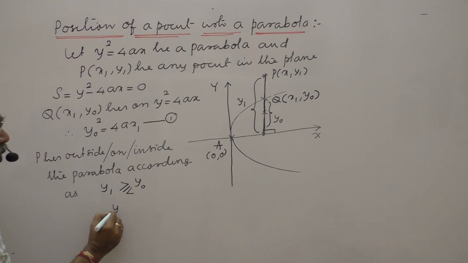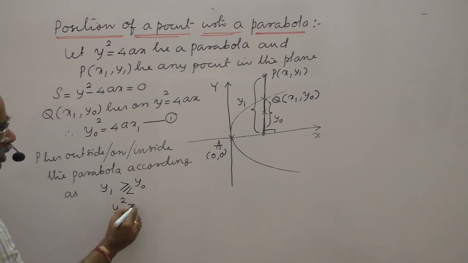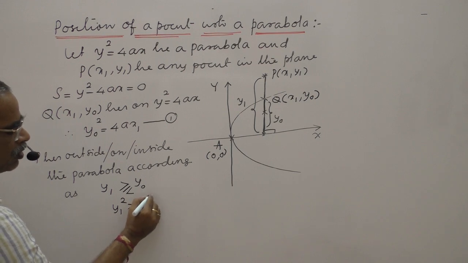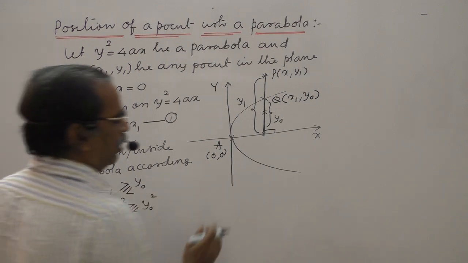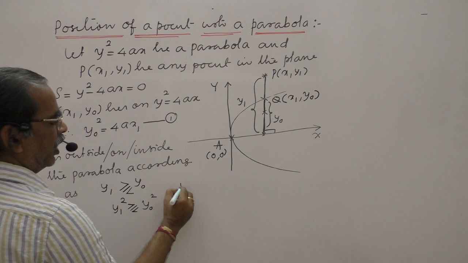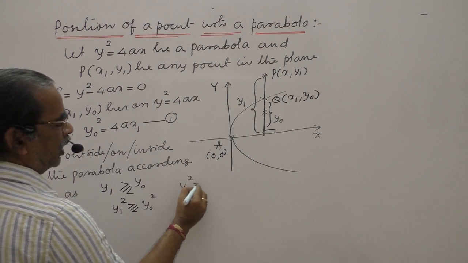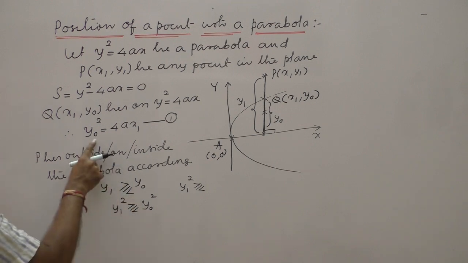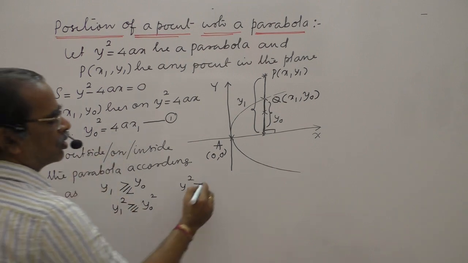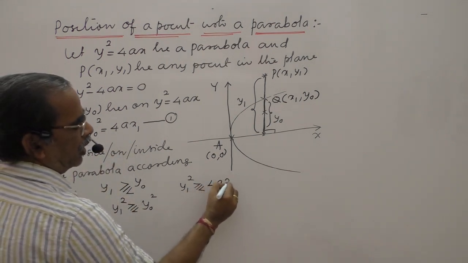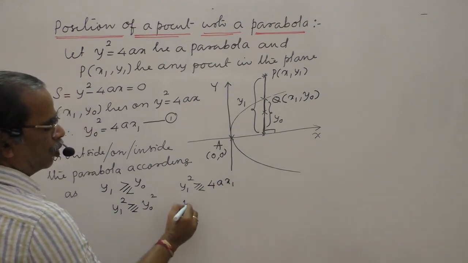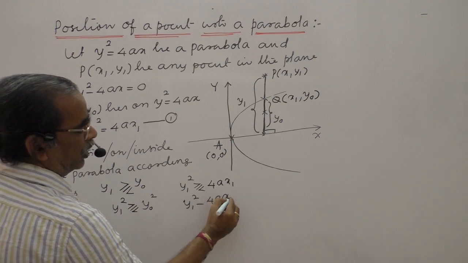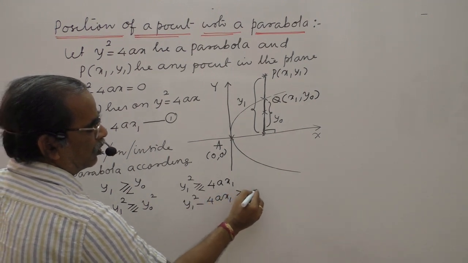Now squaring both sides, y₁² is greater than, equal to, or less than y₀². From equation 1, y₀² is 4ax₁. So this implies y₁² − 4ax₁, compared with 0 on the left side.